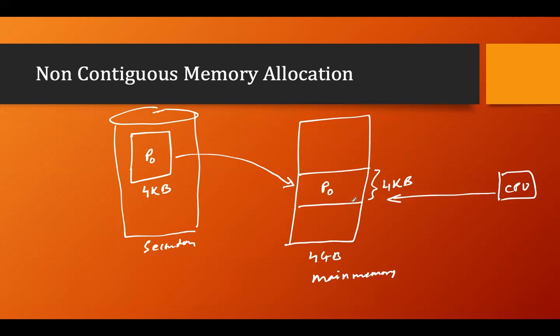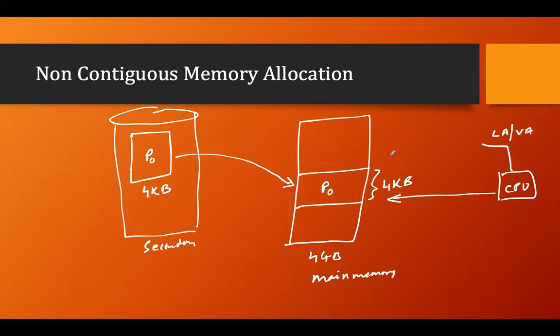And definitely here also what we require is that the CPU always generates the logical address, and the logical address is the address of this particular secondary memory. The logical address is also called the virtual address.